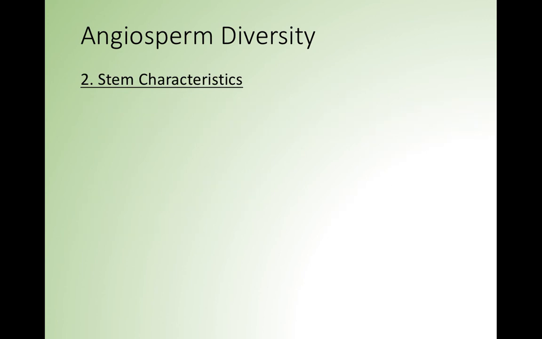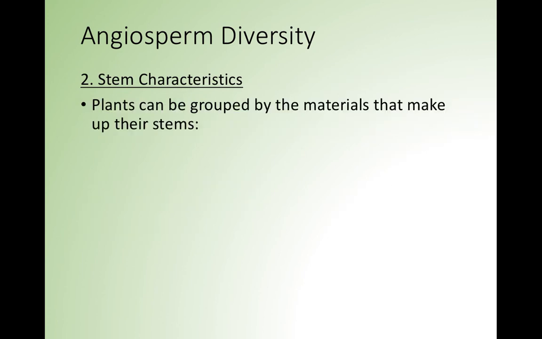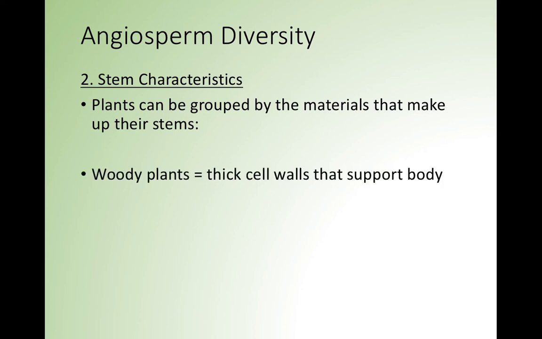We can also group them according to the materials that are found in their stems. So you have some angiosperms that are considered woody plants, and that just means that if you were to look at the material that makes up their stems, they're very tough.